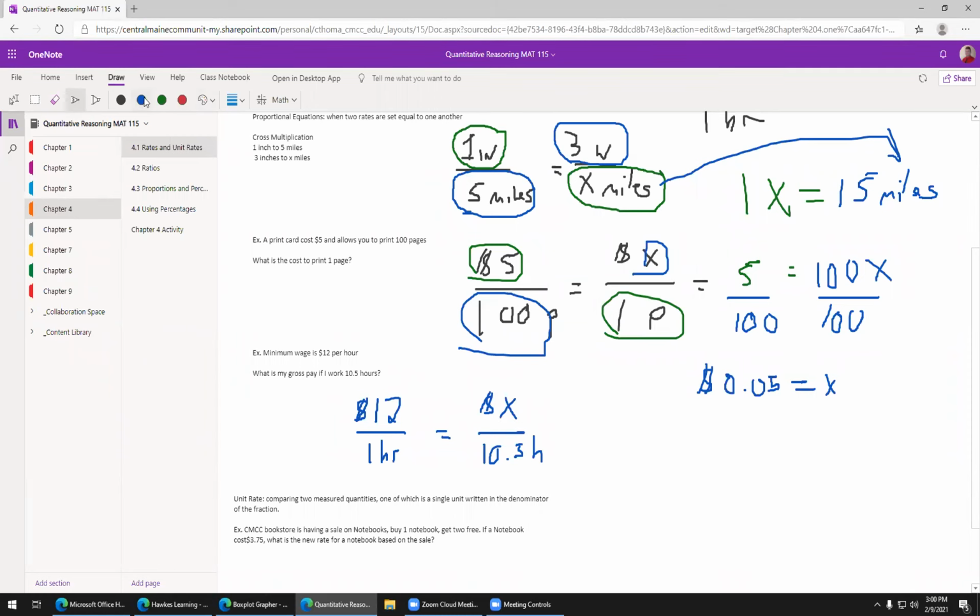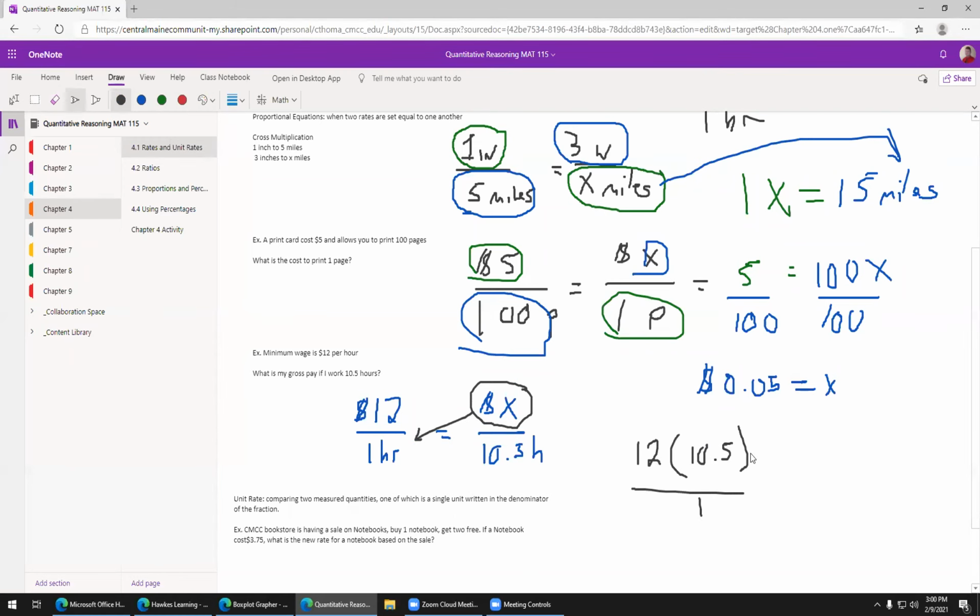And so once you get comfortable with these, you can start doing tricks here, right? Because X is already here by itself, why would I bother multiplying it by that? Just leave it right where it is, right? So then I can just multiply 12 times 10.5. Again, it's over 1, which is not a big deal.